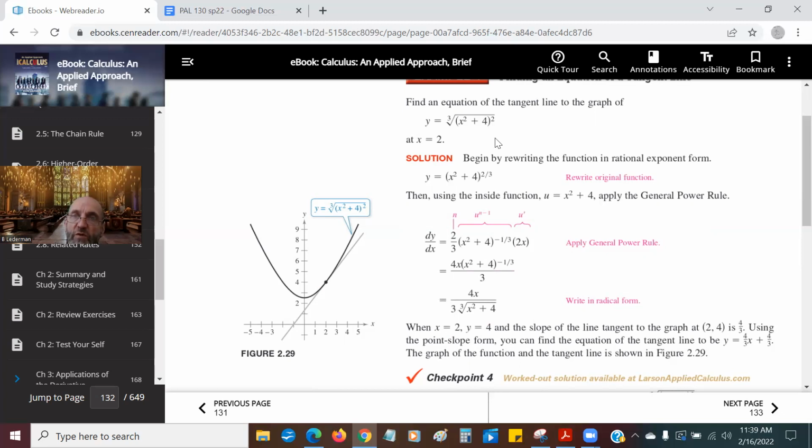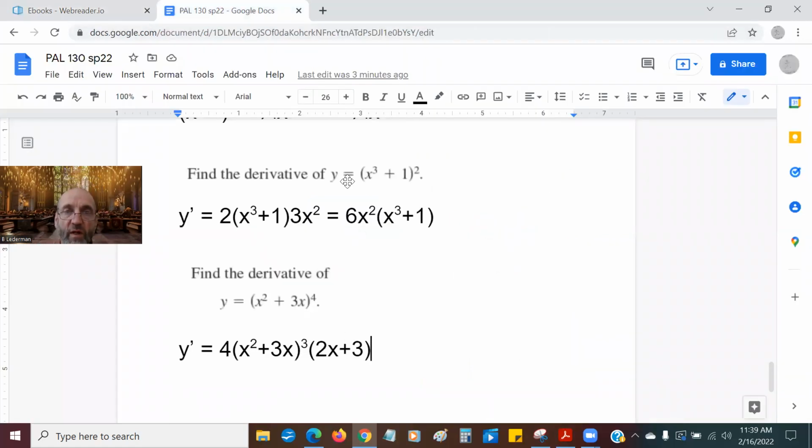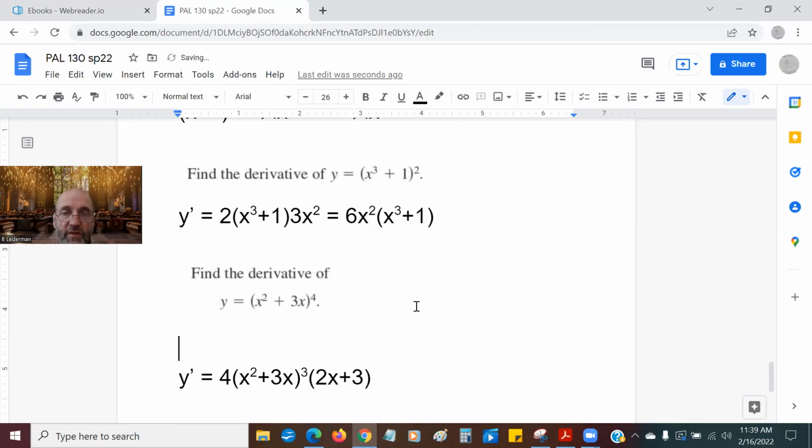So when I plug 2 into this, I get x squared plus 4 to the 2/3 power. Let's see what happens. Actually, I'll do that before I deal with the derivatives. Plug in x equals 2.